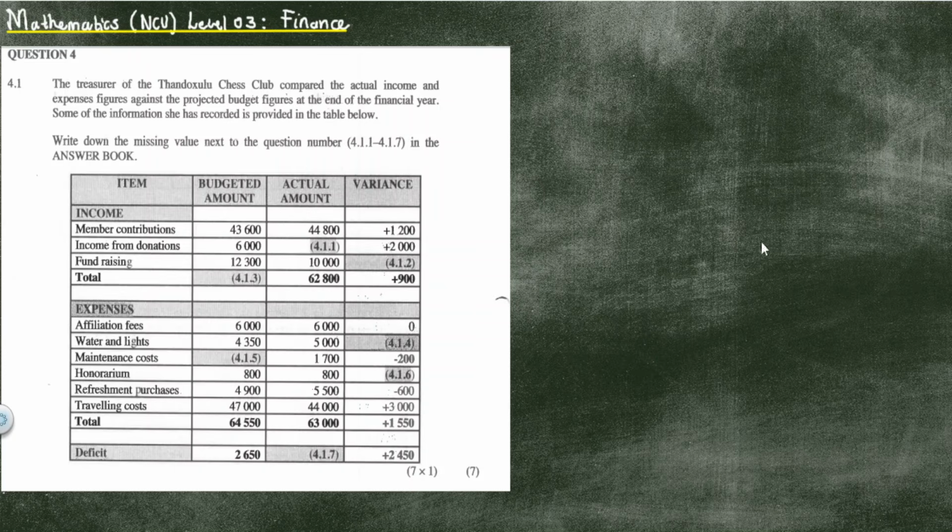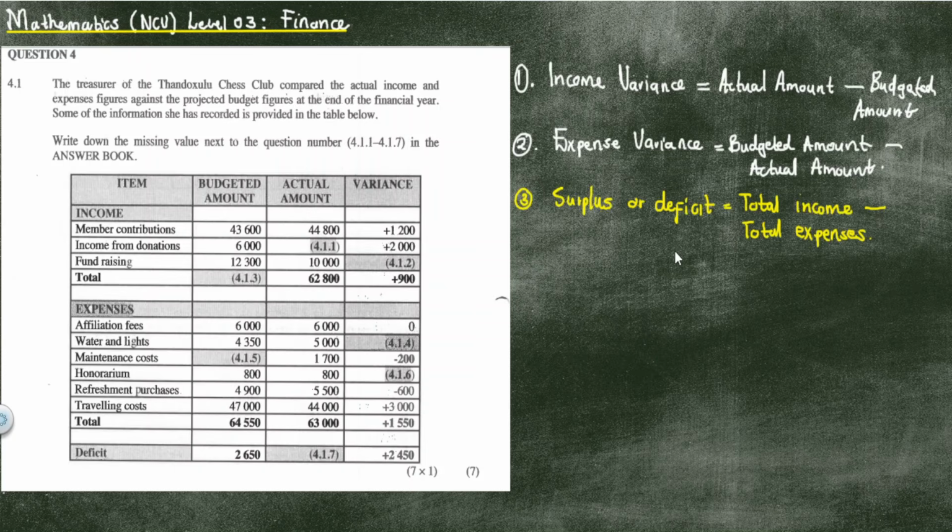All right, just as a reminder for you, when you do calculations on the income and expenses statement or the budget statement, you need to make use of these formulas. So the variance, if you take a look at the last column on the table, the variance is calculated differently between the income part of the statement and the expenses part of the statement.